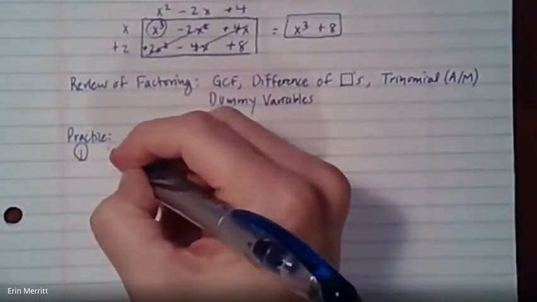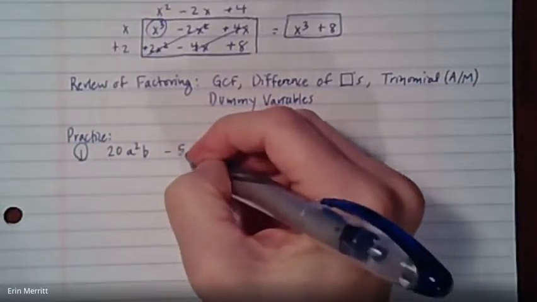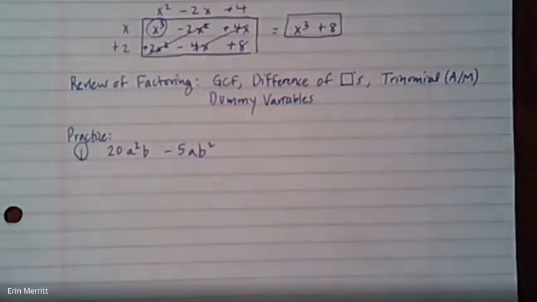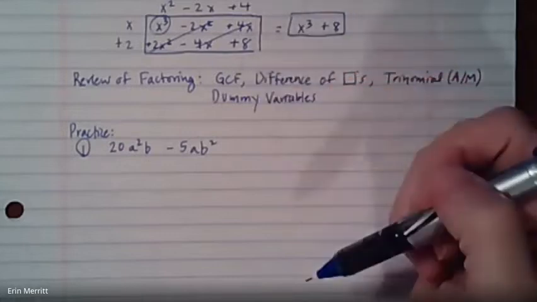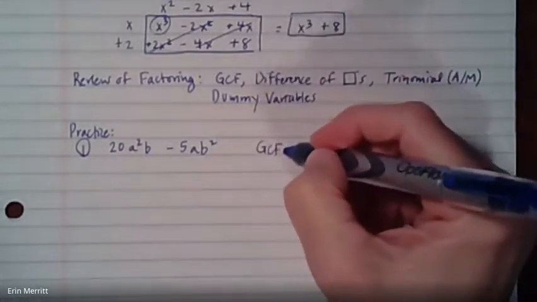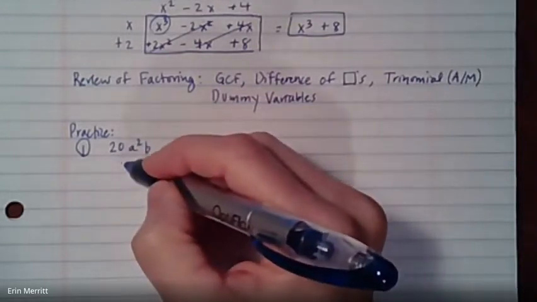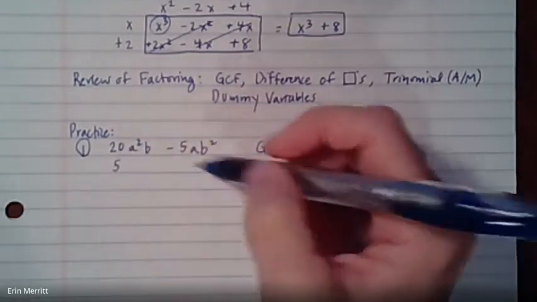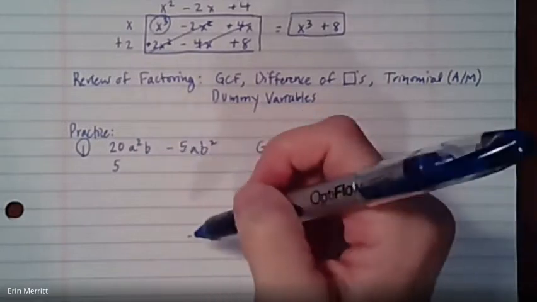First one, if I give you 20a squared b minus 5ab squared. What I'm hoping is as soon as you get that written down, you think, there's GCF going on there. Between 20 and 5, we can take out a 5. Between the a's and b's, we can take out a single a and a single b.